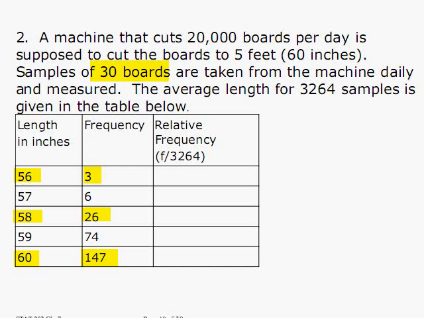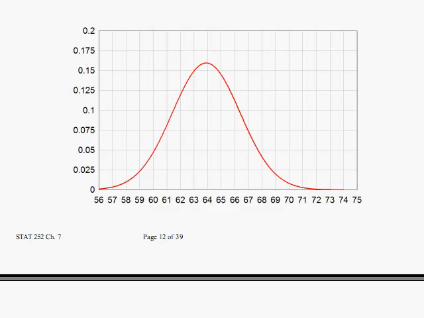So you find from that the relative frequency, because there were 3,264 days of averages here. And you get to graph it and find the mean. I've given you a bell-shaped curve to draw on. So here's the bell-shaped curve.